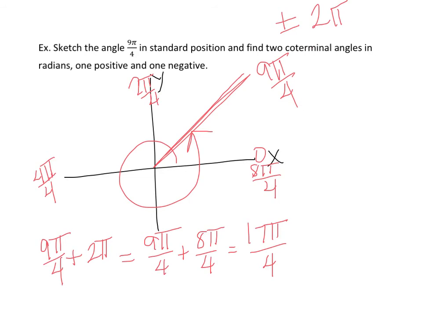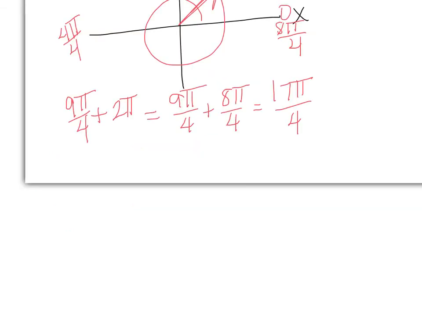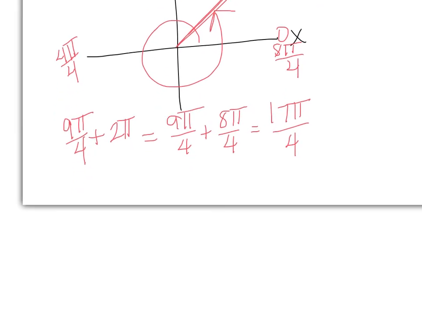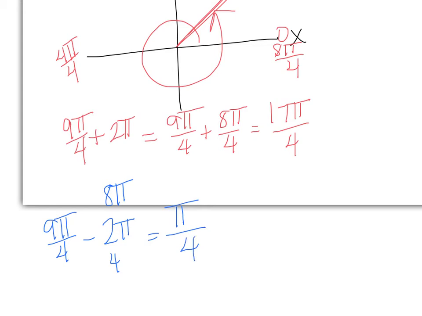Okay, let's go the other way. Let's do our 9 pi over 4 and subtract the 2 pi, which we know is 8 pi over 4. So now we get pi over 4. Well, the directions said we needed one positive and one negative. So now what we're going to have to do is subtract 2 pi again.